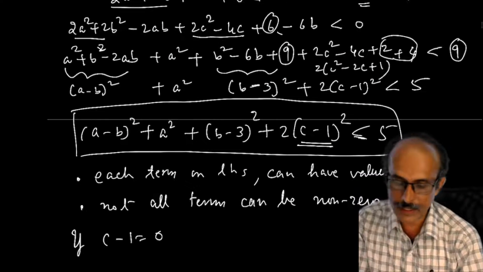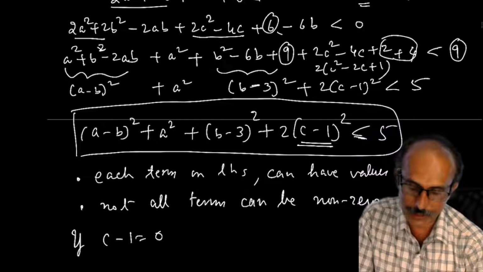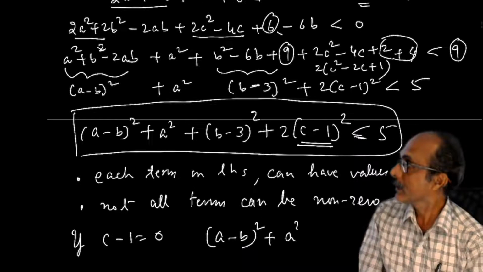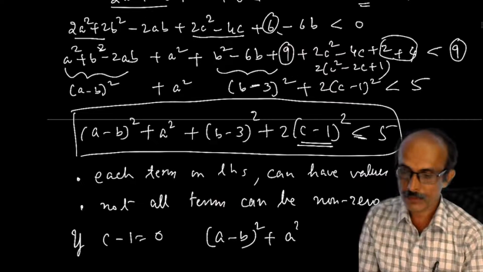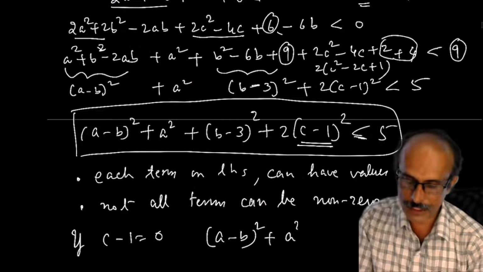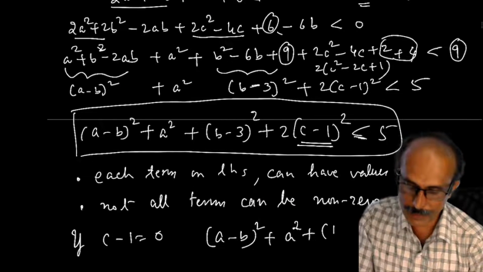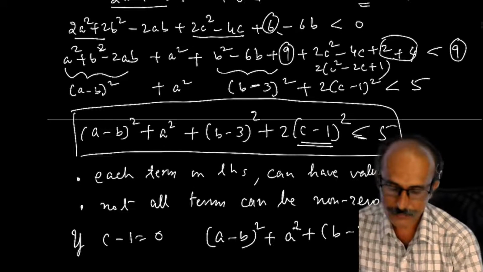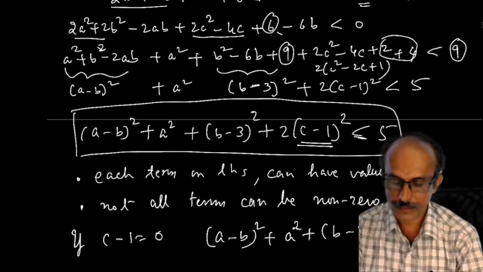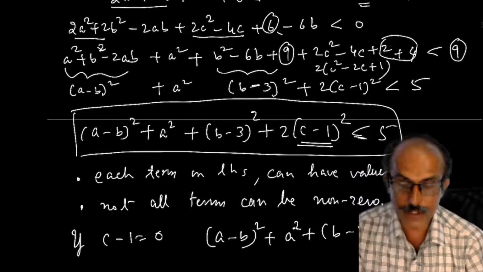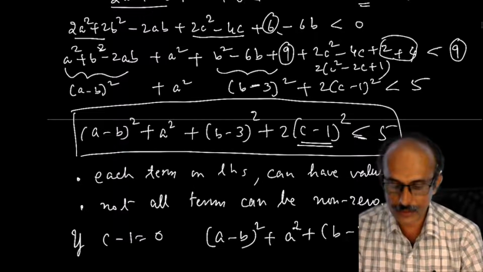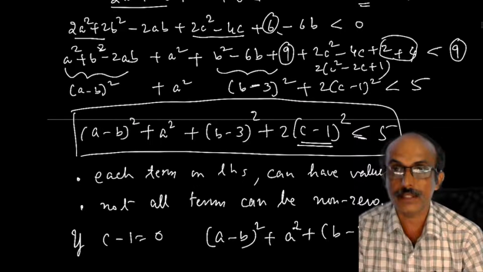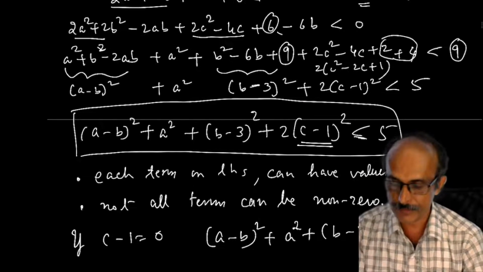What happens is that you are getting the inequality (a minus b) the square plus a square plus (b minus 3) the square will be less than 5. Correct?